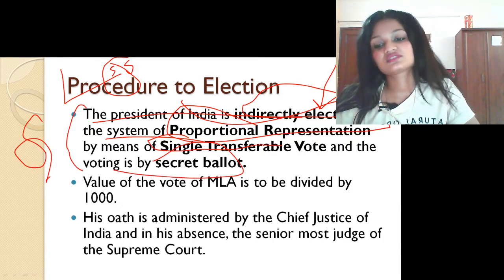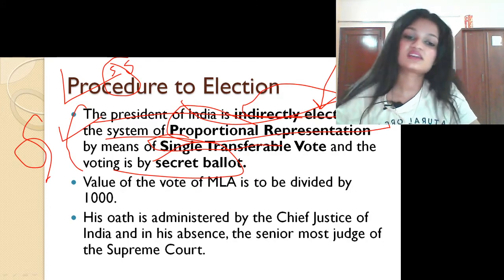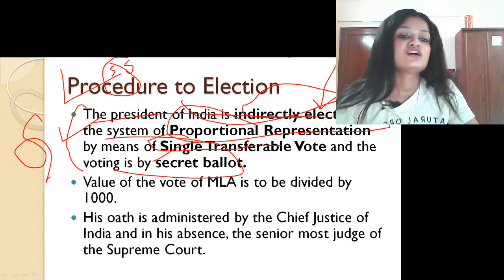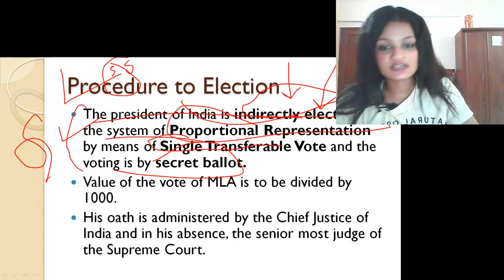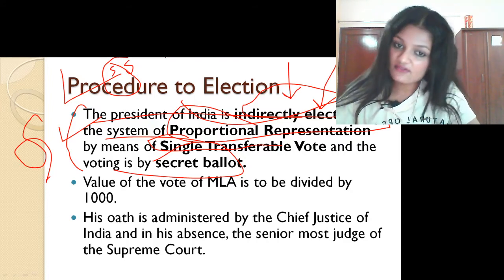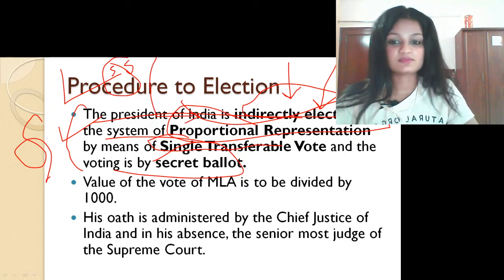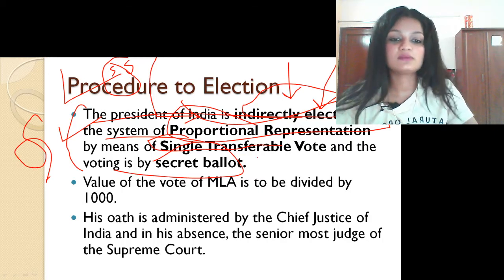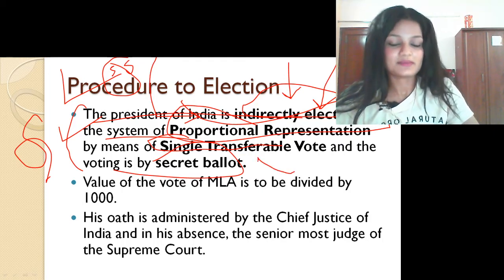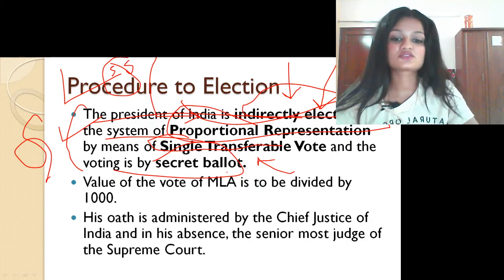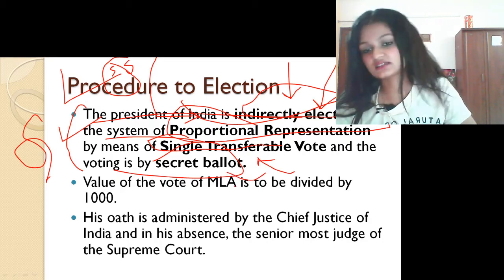So this is the most important line. Four keywords are there. First is that the president is indirectly elected. The second keyword is that proportional representation has to happen. The third keyword is that there is a single transferable vote, and the last is obviously a secret ballot.